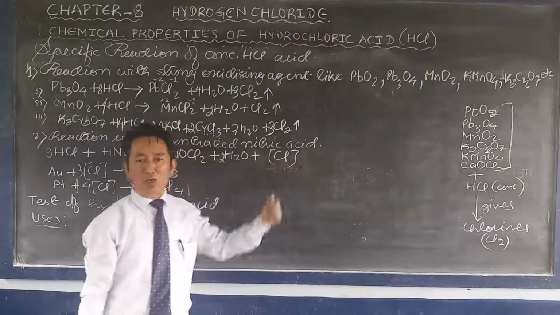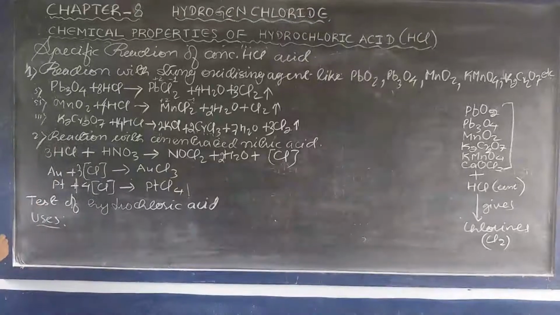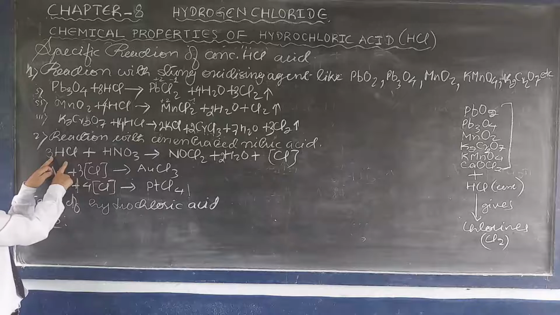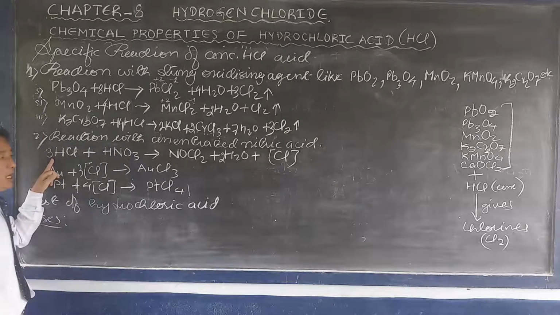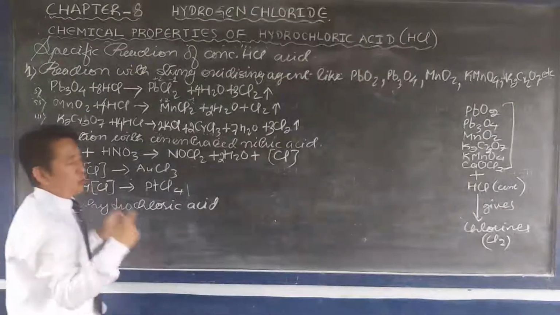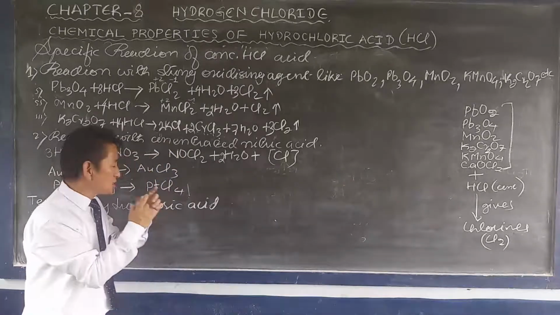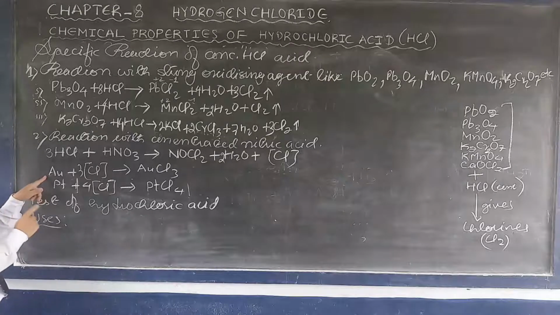This nascent chlorine dissolves noble metals like gold and silver. It produces nascent chlorine, and this nascent chlorine is a highly reactive atom. And this dissolves noble metals like gold, platinum, etc.